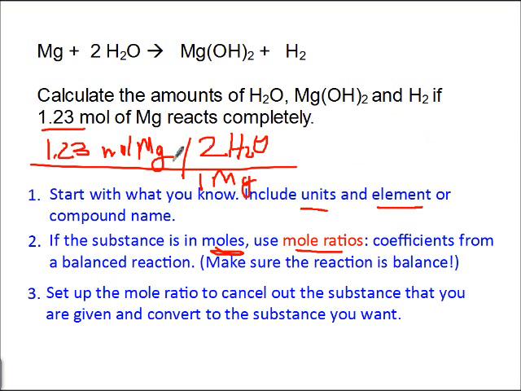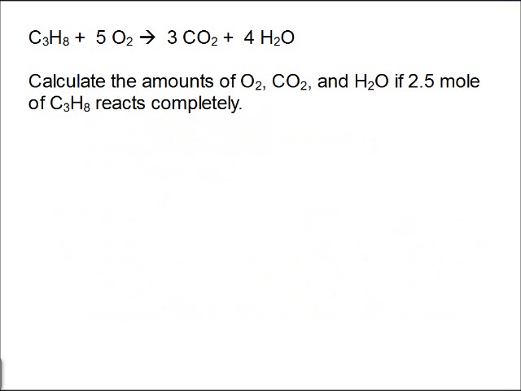And I can see that the magnesiums cancel out, and I'm left with 1.23 times 2, which is 2.46, and that is moles of H2O. So I figured out the substance that I want using my mole ratios. That would be the methodology I would use.